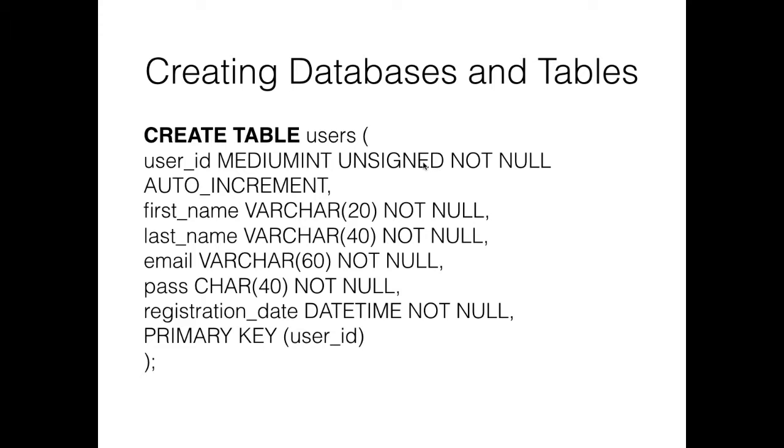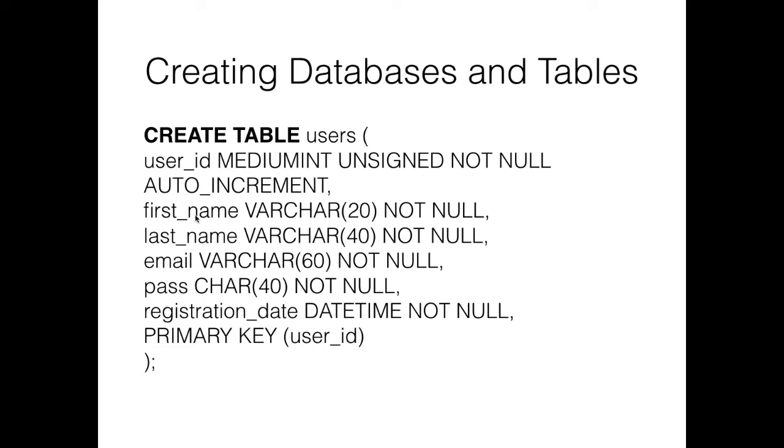That means only positive numbers, and it's not null. We don't want empty values to be put in there. And we want that ID to auto increment. So it'll start at 0 and then go 1, 2, 3. And that's something the database engine does for us. It auto increments that field, that medium integer.